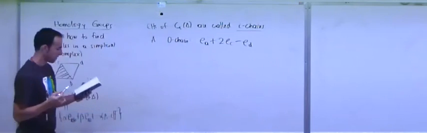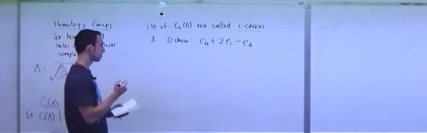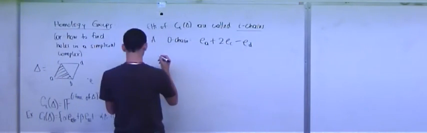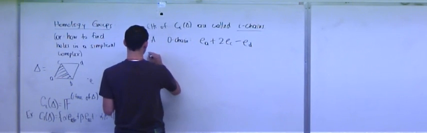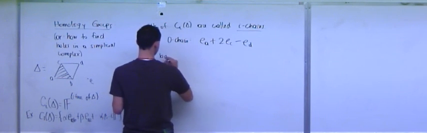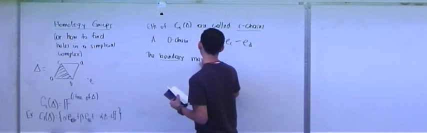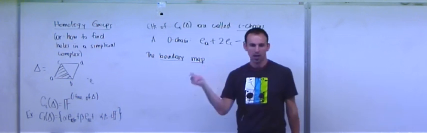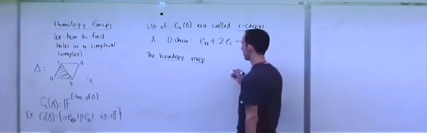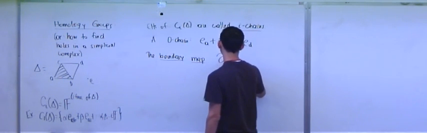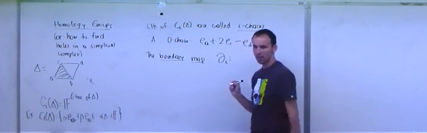Now what I'm going to do is the following. I'm going to define something called a boundary map. The boundary map is something that sends i-chains to i minus 1 chains, and I'm going to denote this map delta_i.